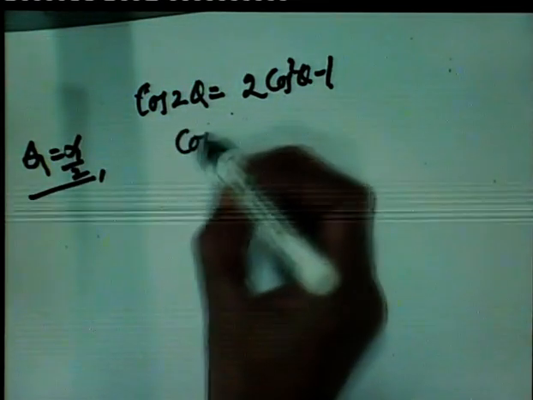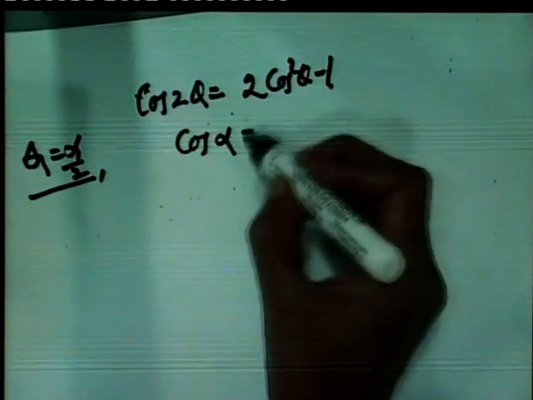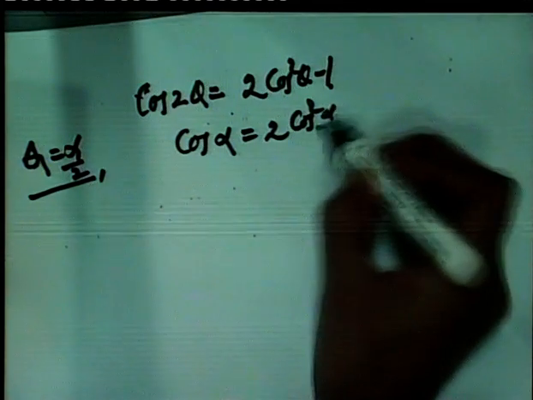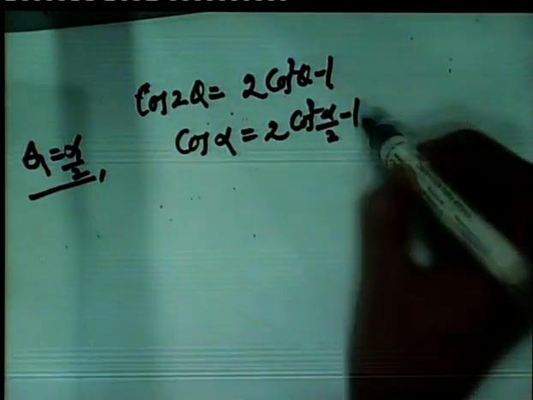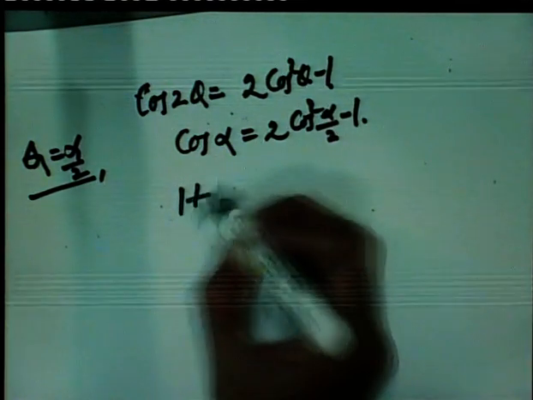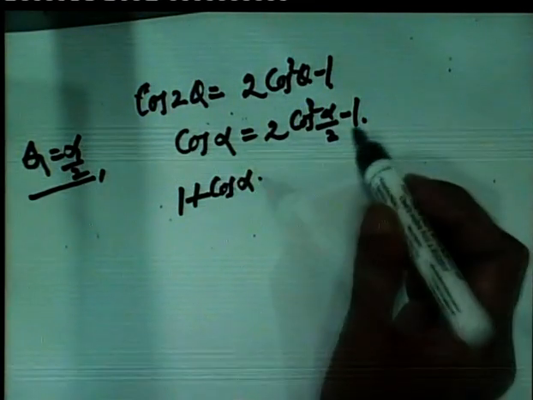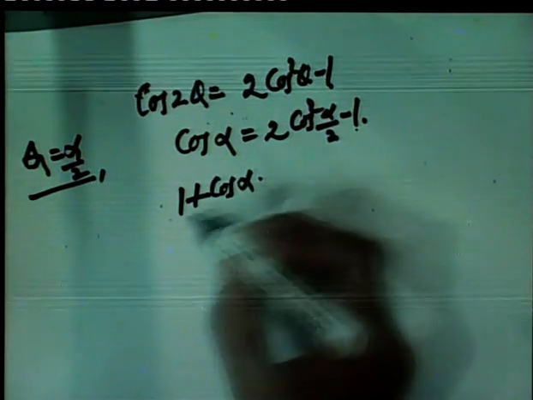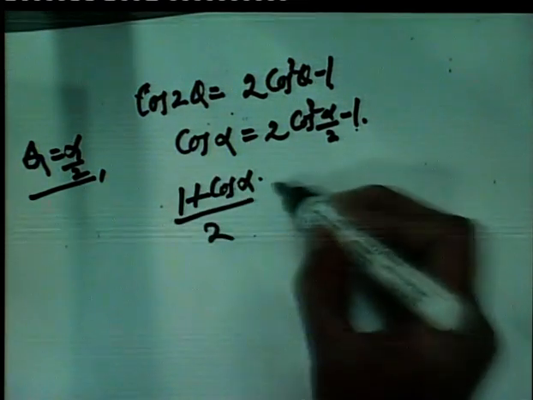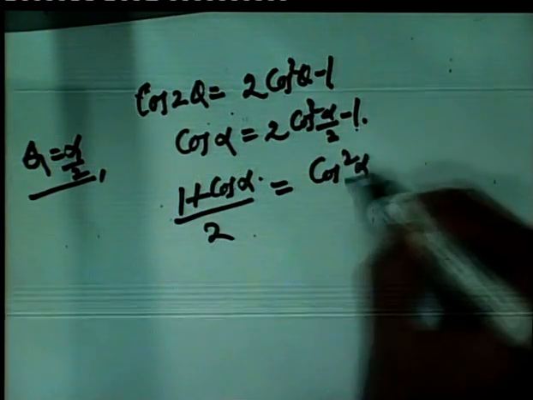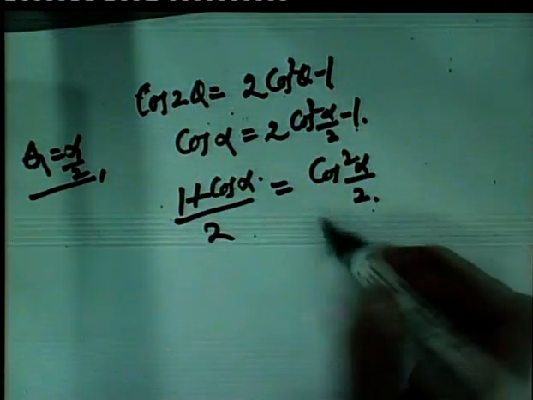So, this gives you cos alpha is equal to 2 cos square alpha by 2 minus 1. So 1 plus cos alpha, you bring it on this side, divide by 2, is equal to cos square alpha by 2.